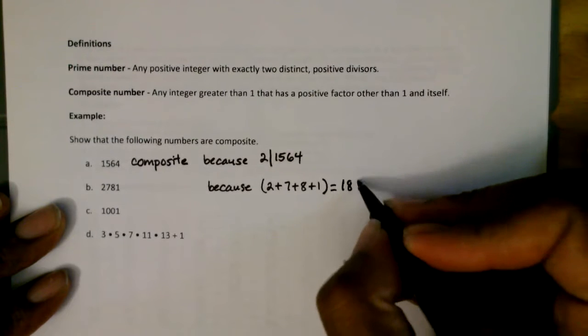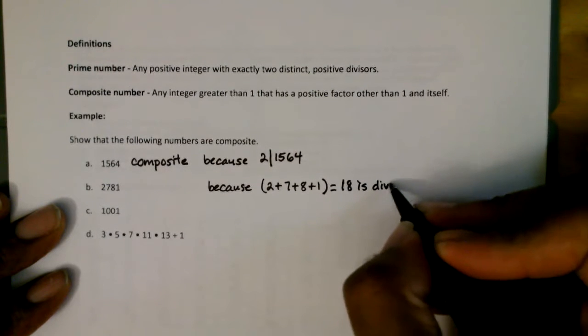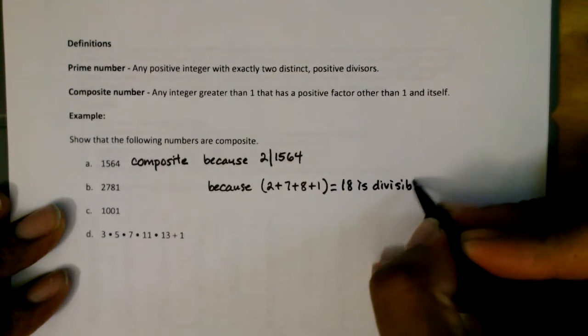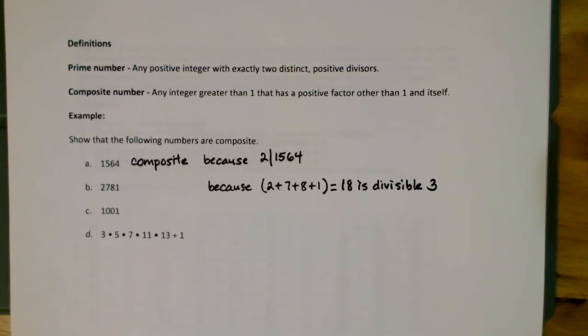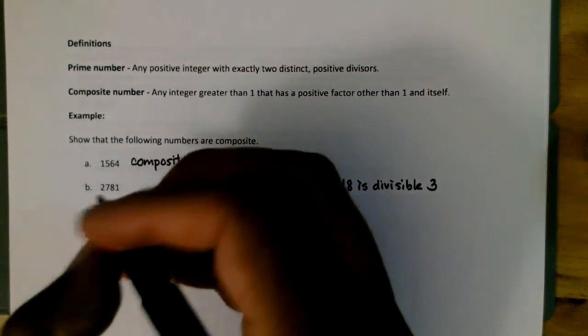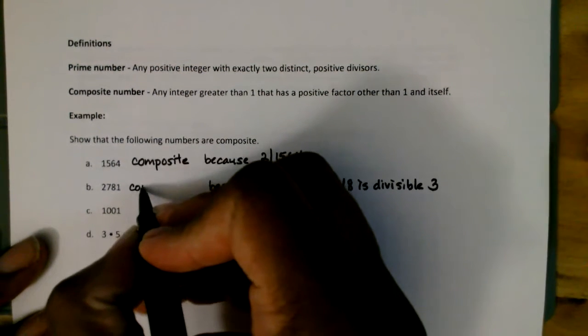And 18 is divisible by 3. If you recall when we were doing the divisibility test for 3, you have to take the sum of the digits in that number. That sum has to be divisible by 3. And in this case, it is composite.